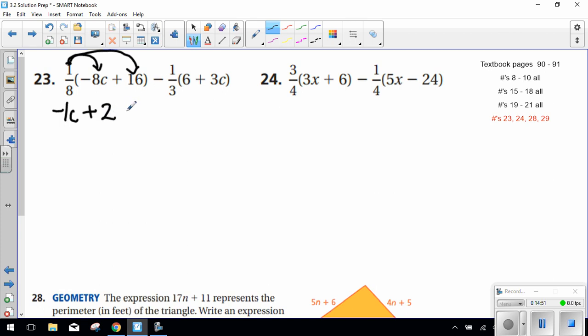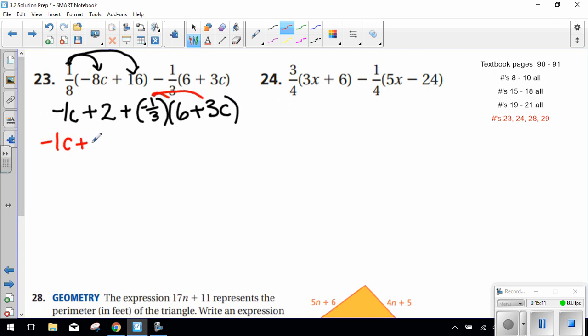And I'm going to change this to plus negative 1/3 times 6 plus 3c. So now what I'm going to do is take this negative 1/3 and multiply it to the two terms inside.